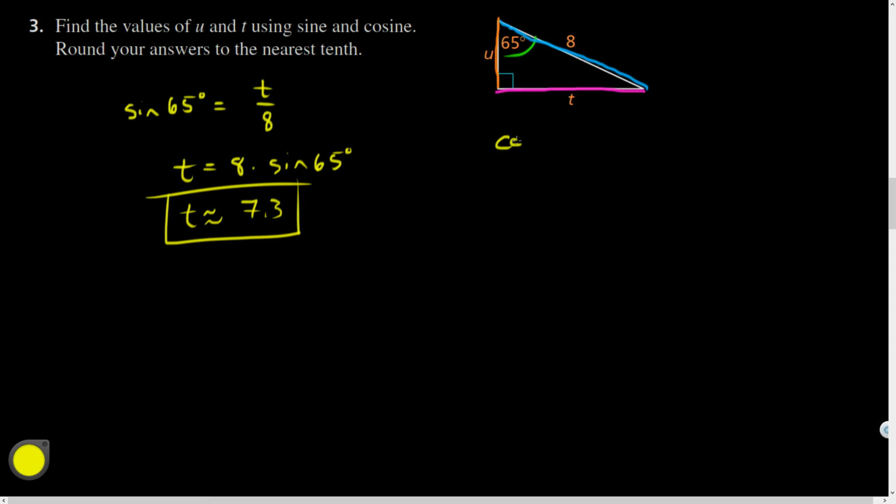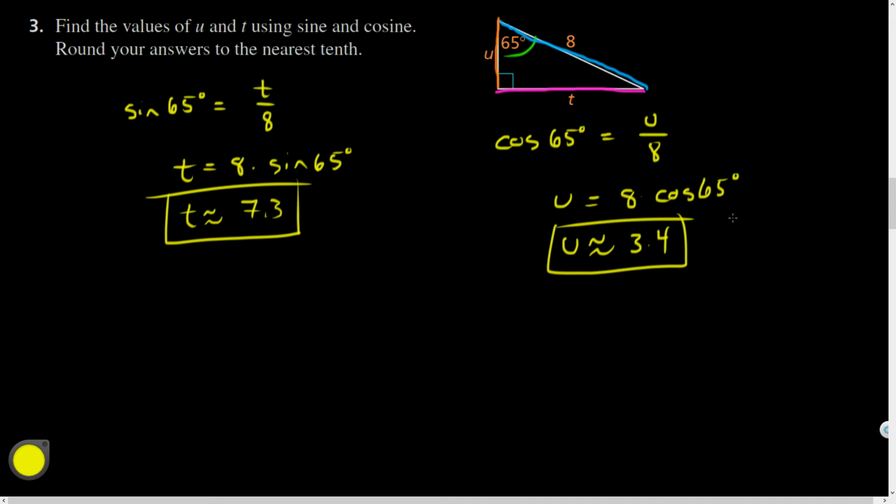So I would say cosine of 65 degrees is equal to u over 8. u would equal 8 times cos 65, and u is approximately 3.4. Yeah? You guys get how we do that setup?